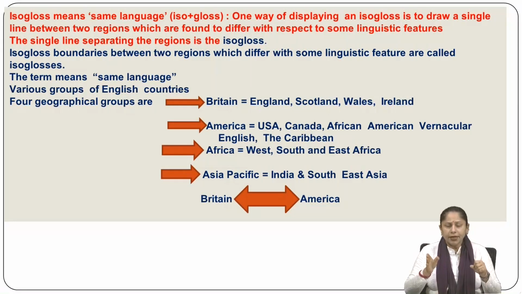Britain and America both are quite equal, but they are just like South Pole and North Pole. British English is somewhat more different.